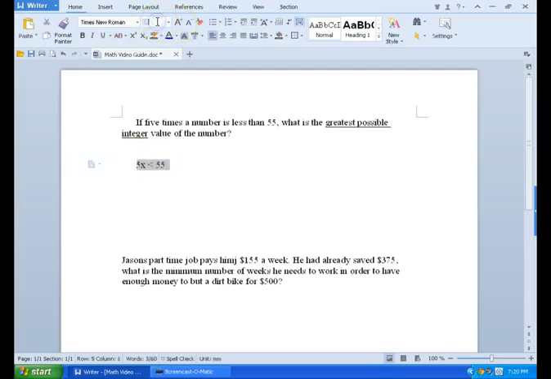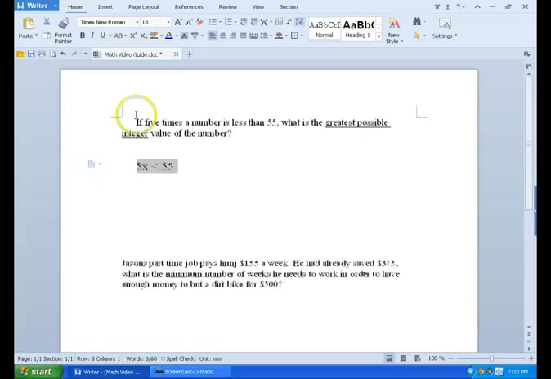We're going to make this bigger. With 5x, we have to figure out the x itself. That's the reason why people got confused on this.